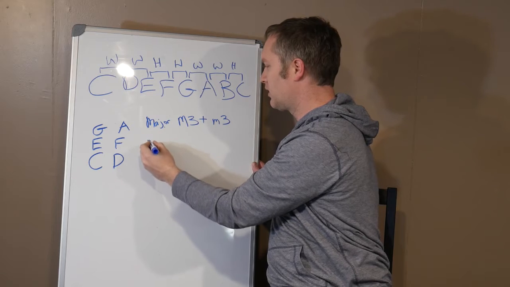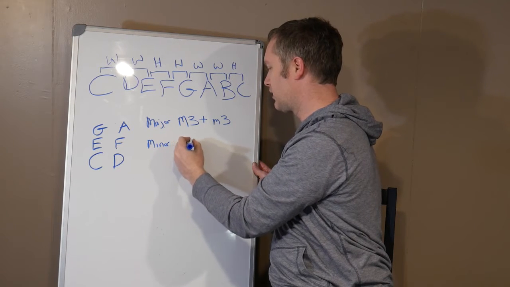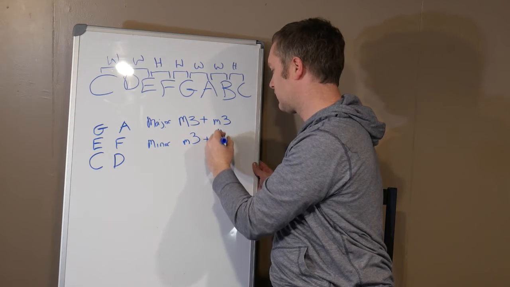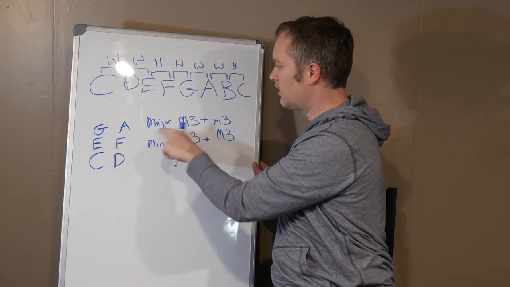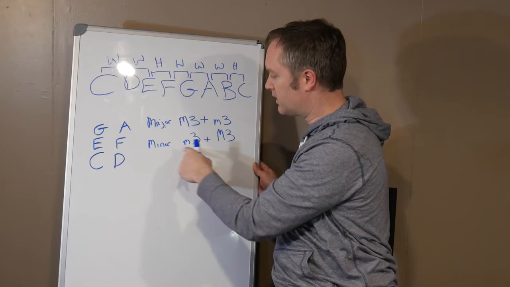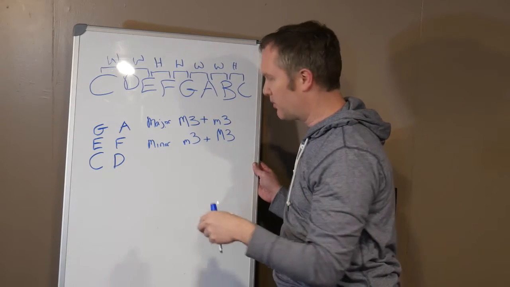A minor chord is a minor third stacked with a major third. So for a major chord, it's major third first, minor third second. For a minor chord, it's minor third first, major third second. Okay? So just remember that.